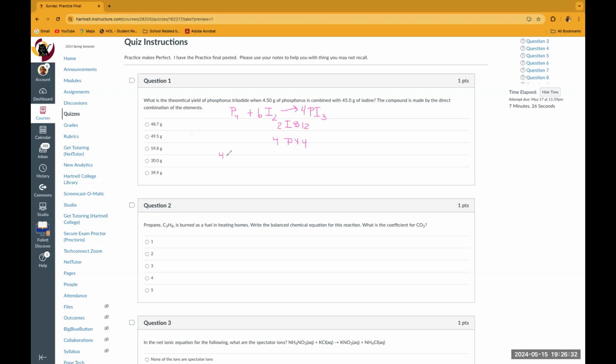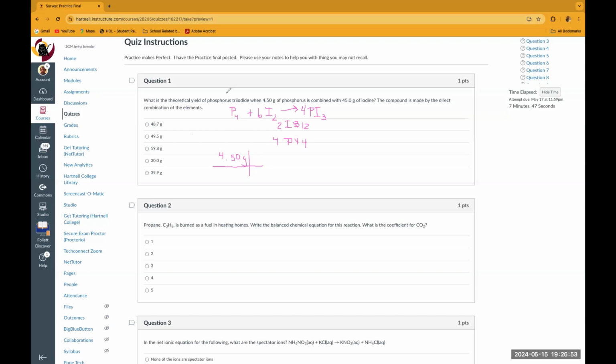Okay, so we got 4.5 grams. We're going to multiply or divide by the molar mass? We put the grams on the bottom and 1 mole on top.